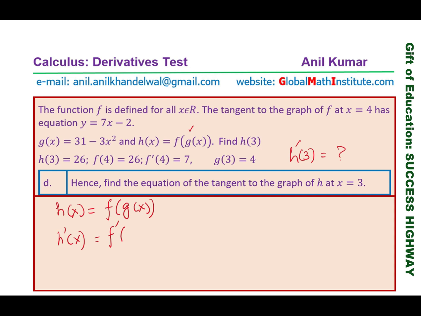So f prime of g of x, times the derivative of the inside function. Since we want the derivative at 3, it should be f prime of g of 3, times the derivative of g at 3.